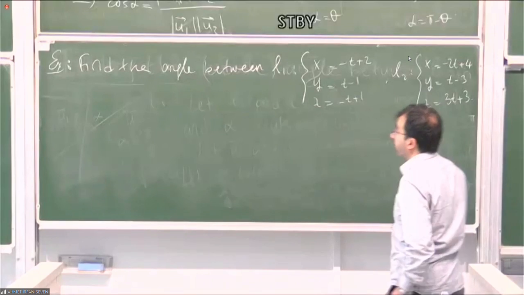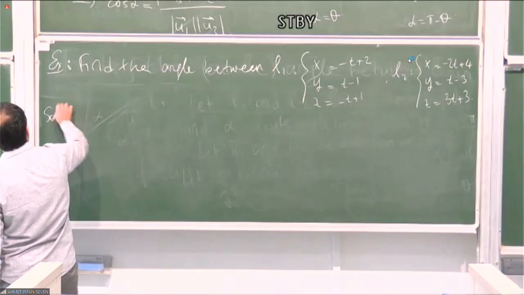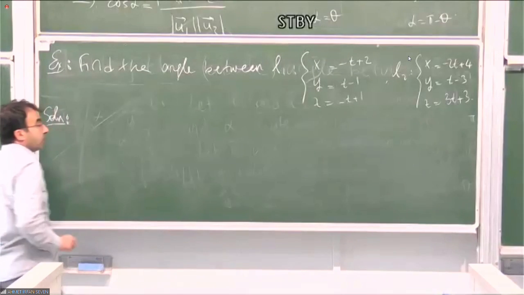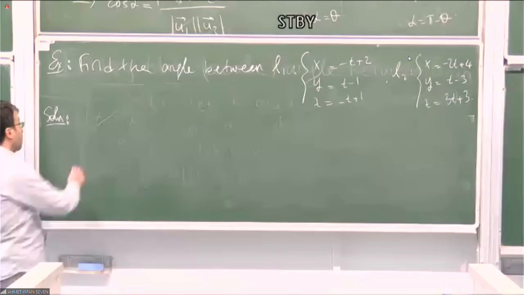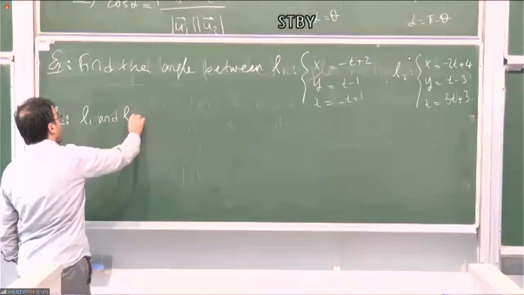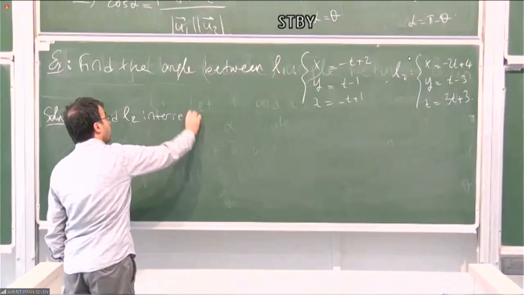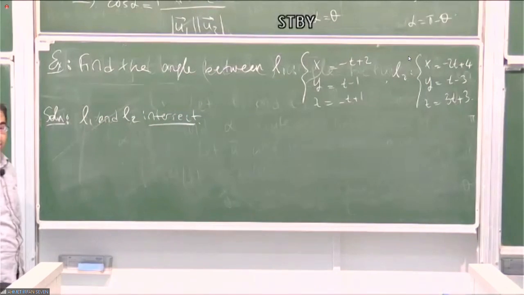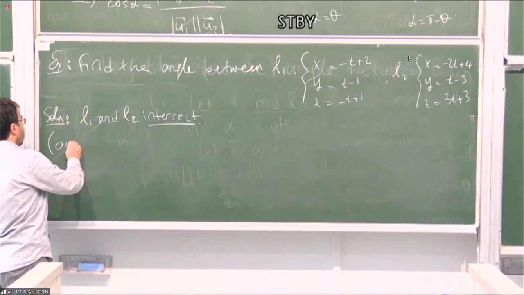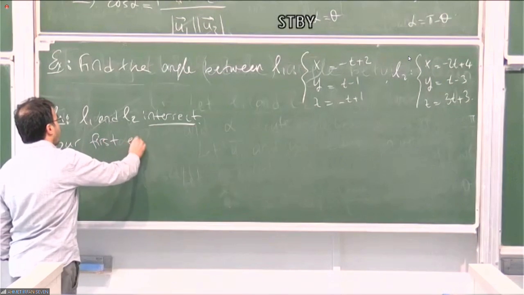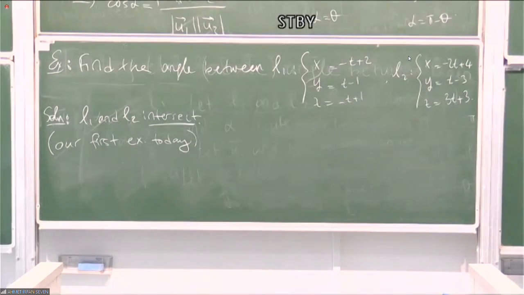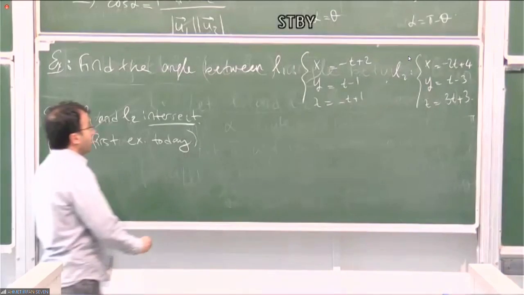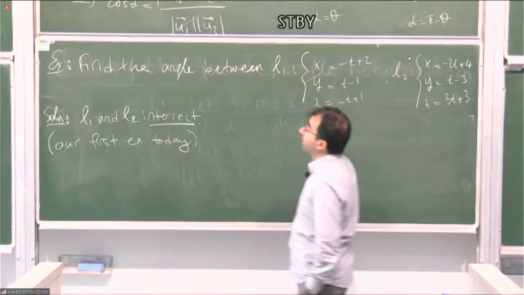All right, let's find the angle. Well, first of all, for this we need to check if L1 and L2 intersect. Because these are the same lines as our first example today that we did, we can speak of the angle between them.